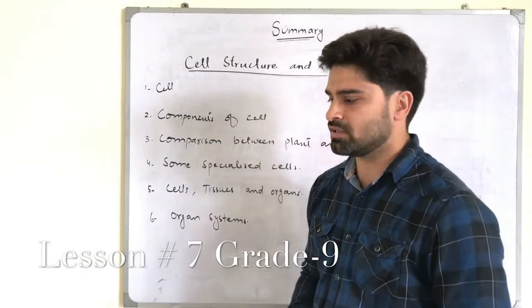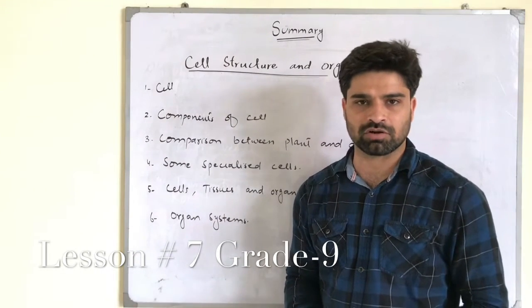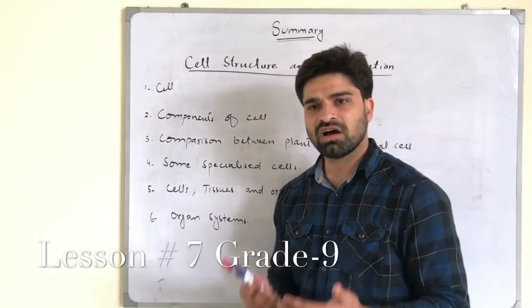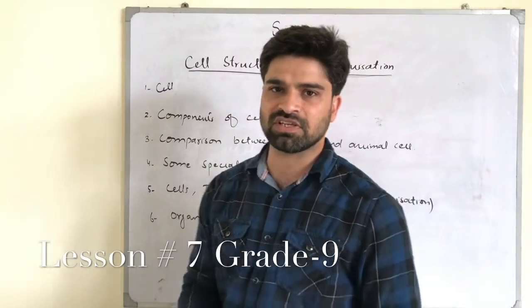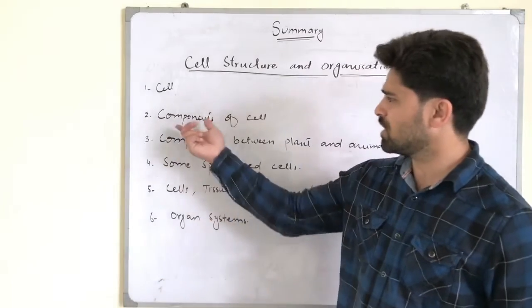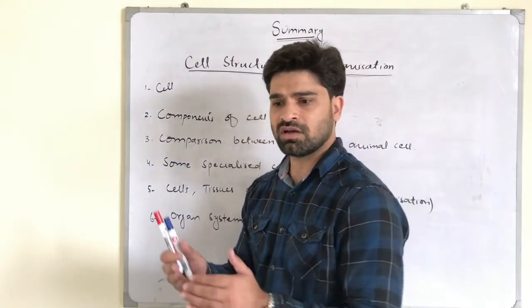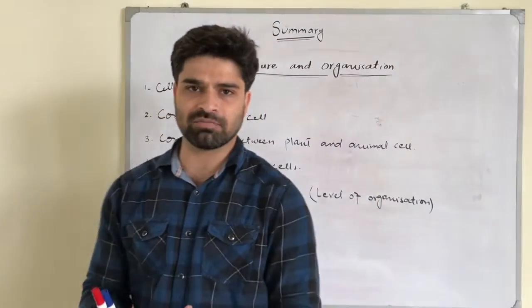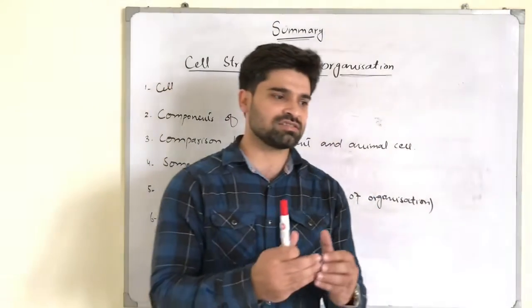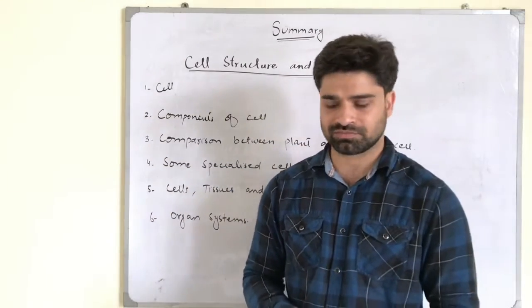As we all know, cells are the basic building blocks of all living organisms. That means all living organisms are basically made up of cells. Then we talked about the components of the cells. Cells are the building blocks, but cells have different components.